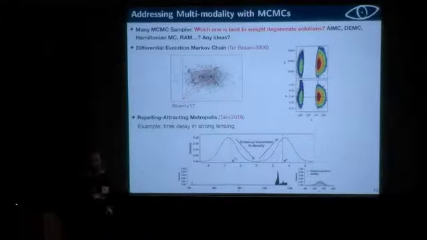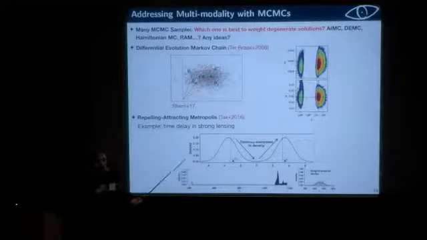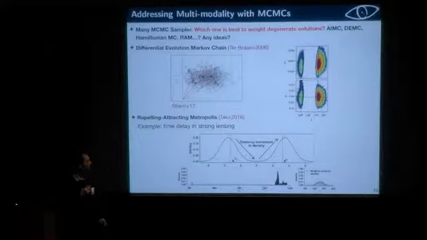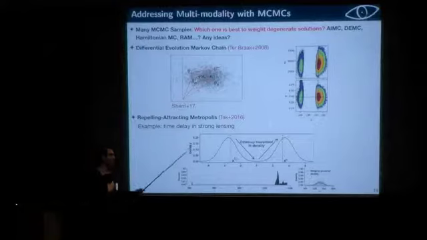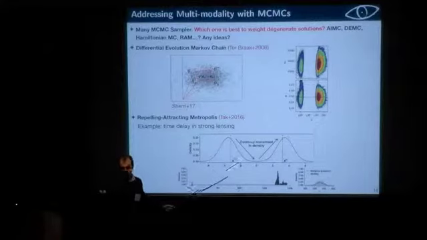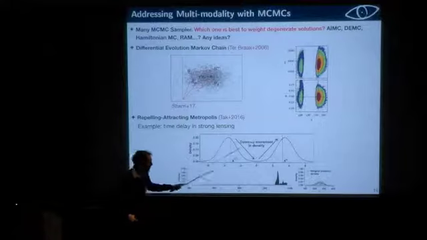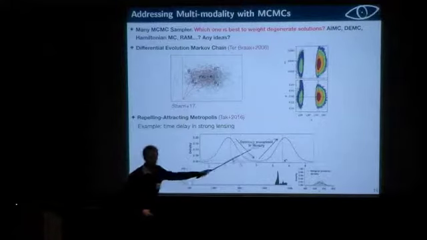Another algorithm that is really designed to assess the relative probability between modes, which I didn't test in microlensing yet, is the repelling attracting Metropolis algorithm, where the broad idea is to force a down-up motion in density, so a disfavored jump followed by a favored jump, and we do not accept the next point until we have this scheme.